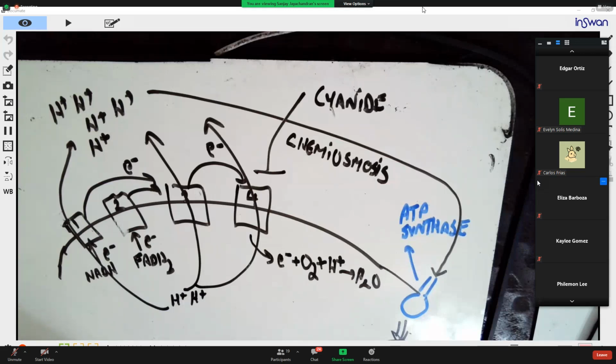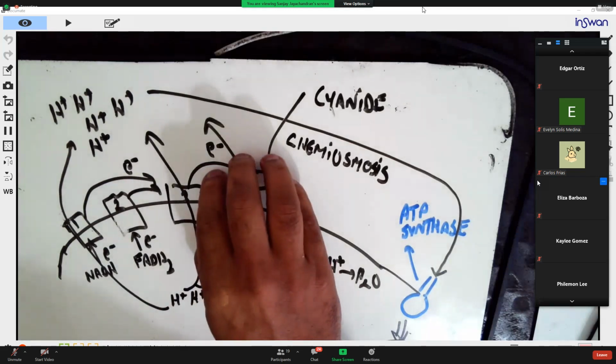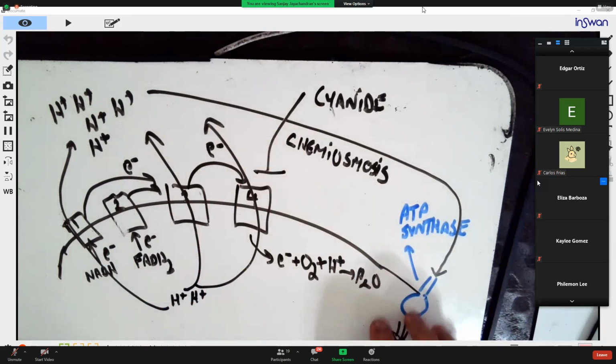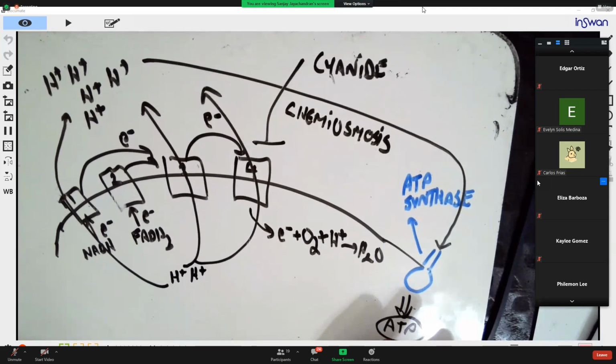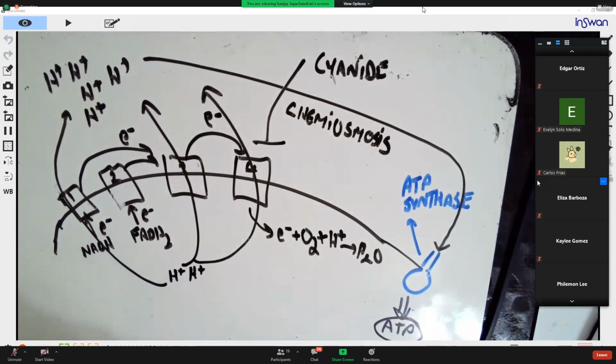It's also used in executions, by gas chamber, right? You basically use cyanide gas and you execute people. Why? Because it blocks complex 4 and shuts down ATP production, energy production. And your cells die and you die quickly. Are we good or not? Okay.